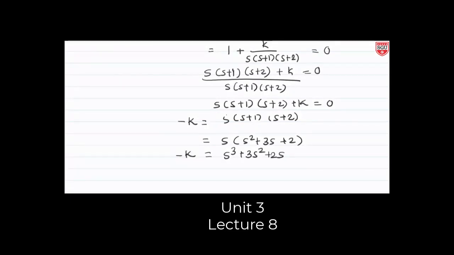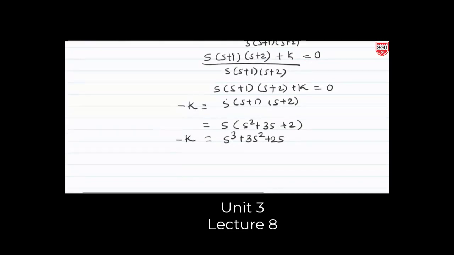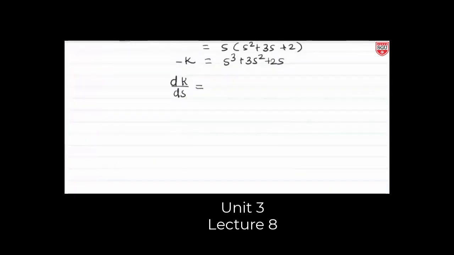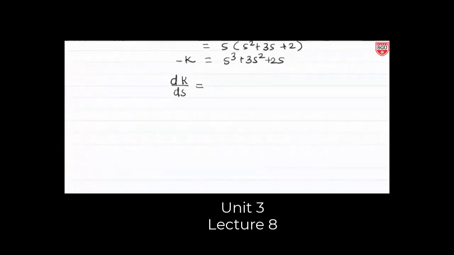What I want to find is dk. Hope it is visible. So what I want to say, yes, Ninad, we want to find out dk by ds, and we have to equate it to 0.